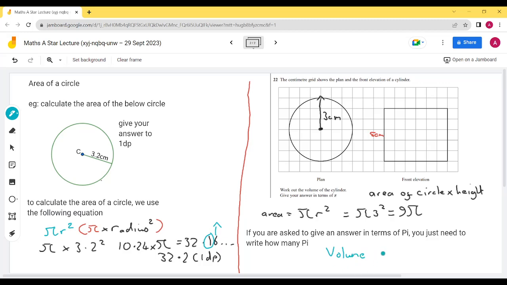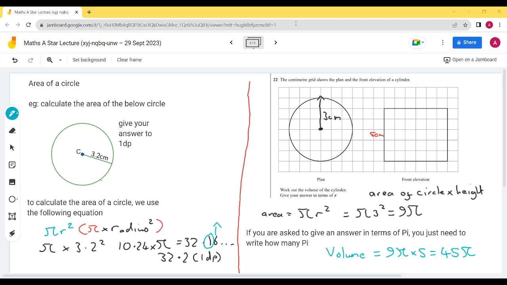Volume is like the area of a 3D shape, like the inside of it, so our volume equals 9 pi times our 5, and that equals 45 pi, and that's your final answer in terms of pi. So that's what it means when it says in terms of pi, and how you would go about it.